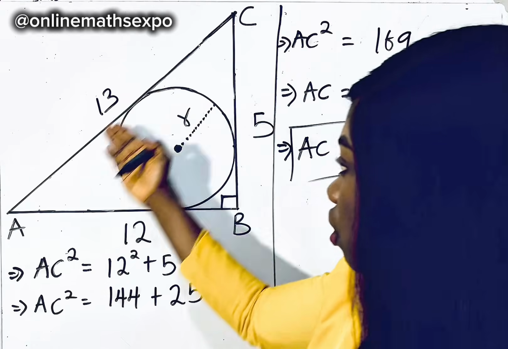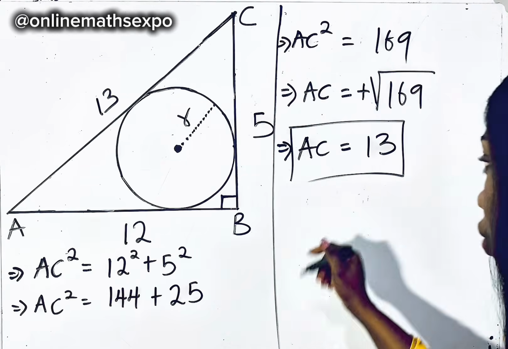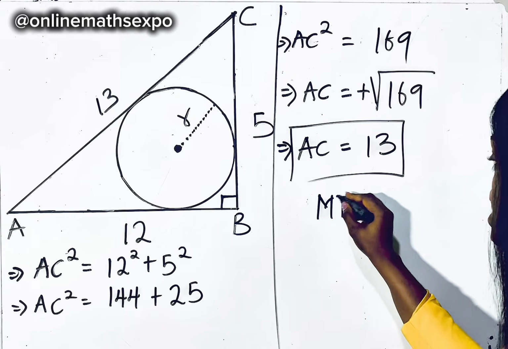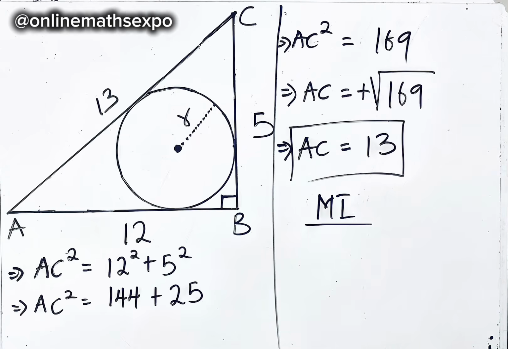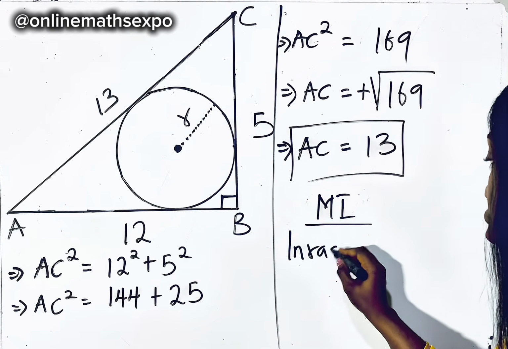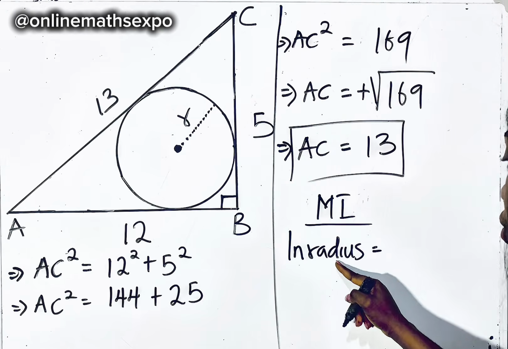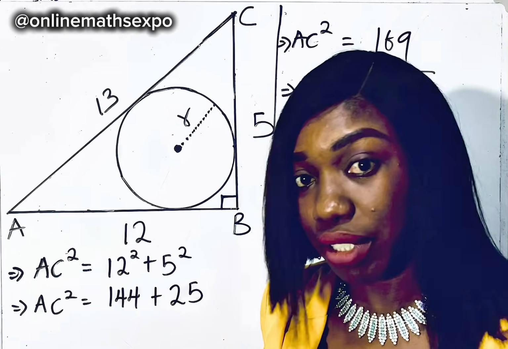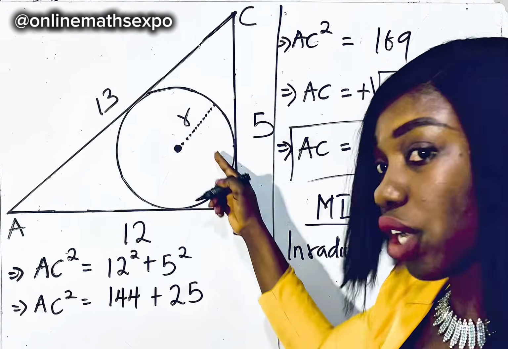Now that we have found this length, we remember we go with the first method. So for method 1, what should we do? Just use your inradius formula. The inradius is the radius of the inscribed circle, and you see that this is an inscribed circle.